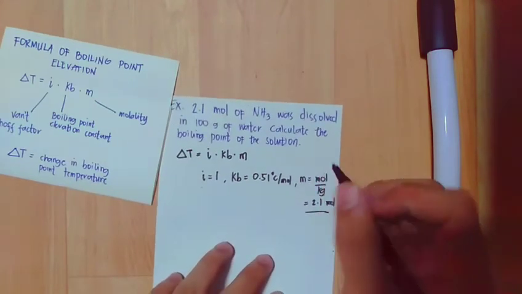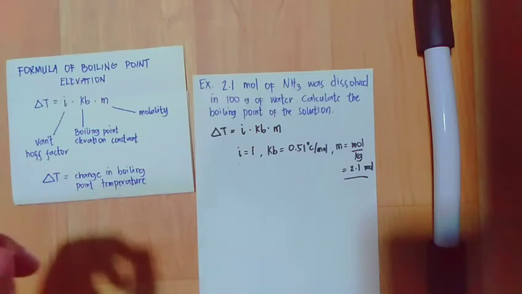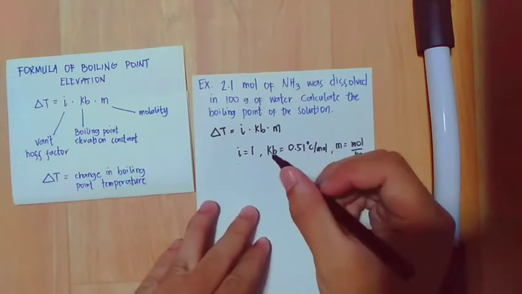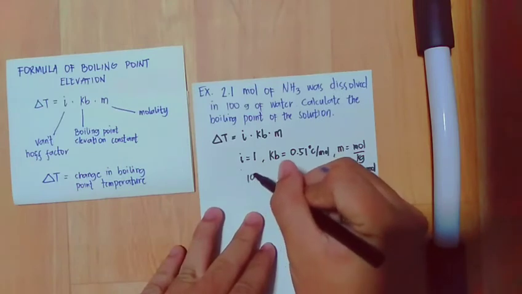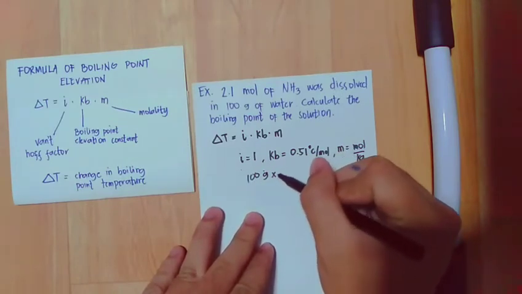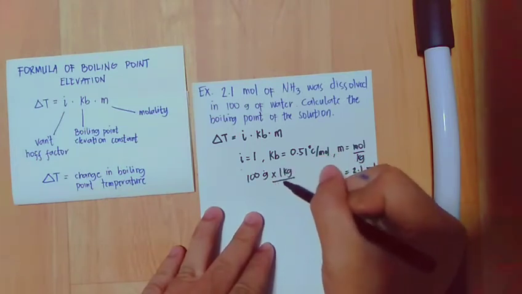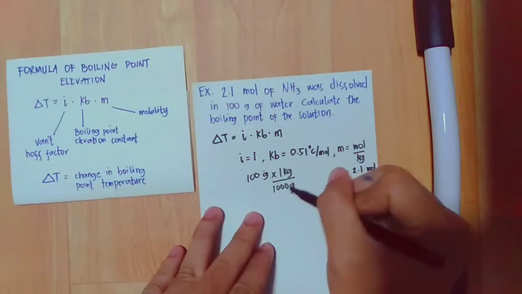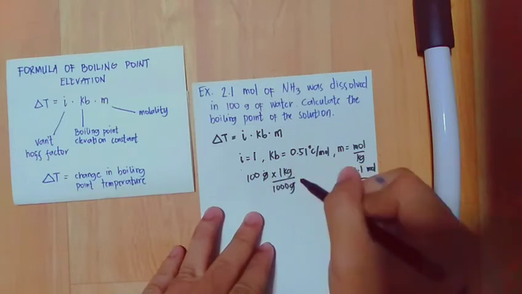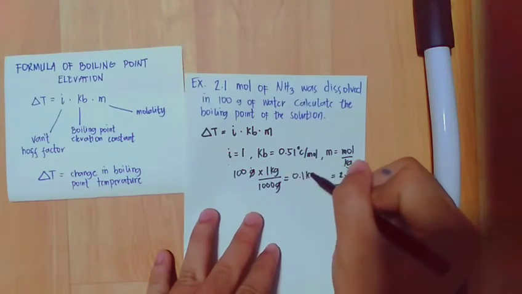So the 100 grams of water, we're going to convert it into kilogram. 100 grams times 1 kilogram over 1000 grams, cancel, that is equal to 0.1 kilogram.